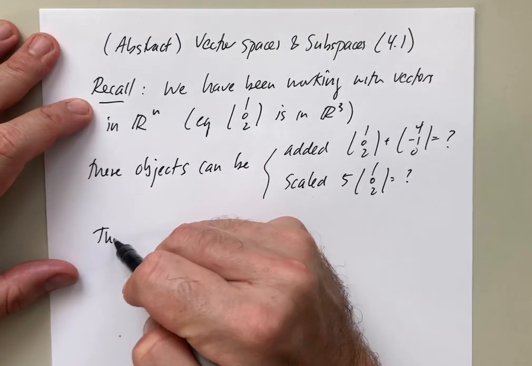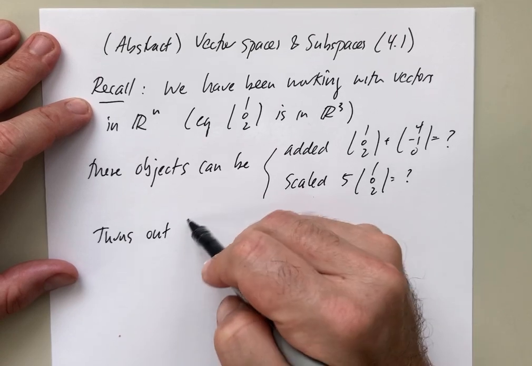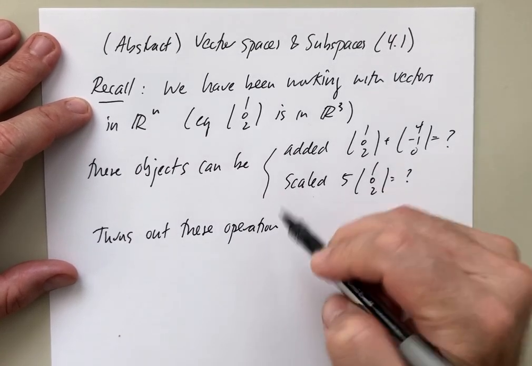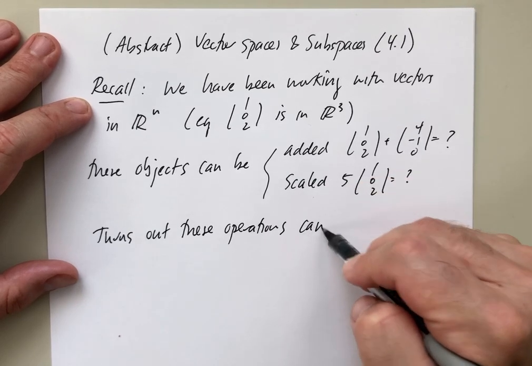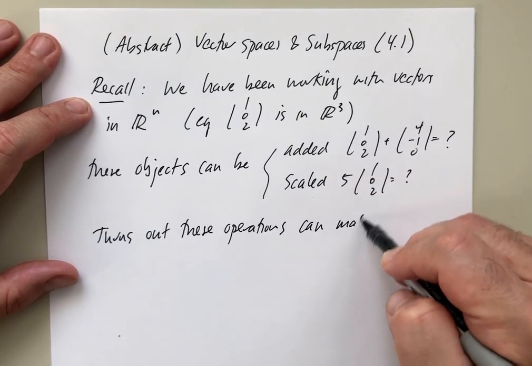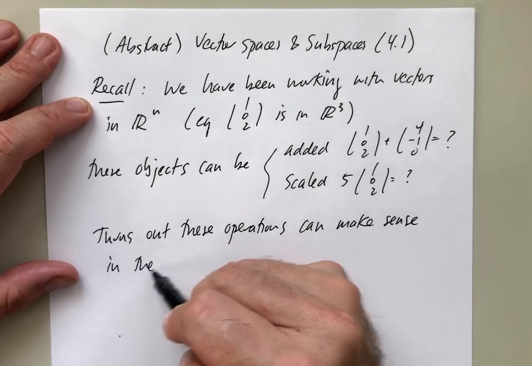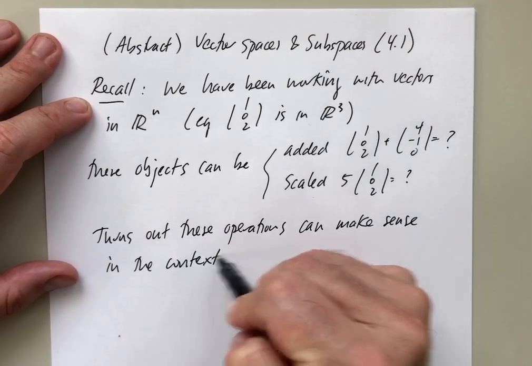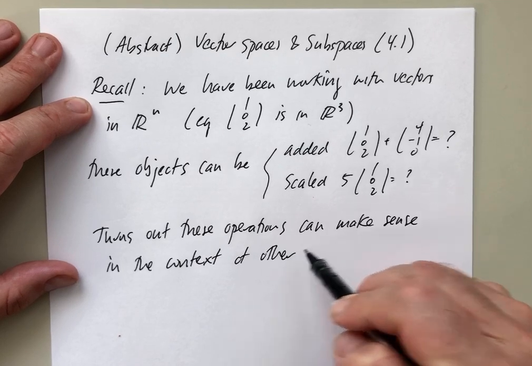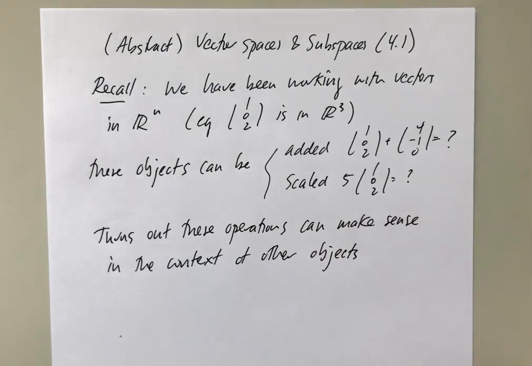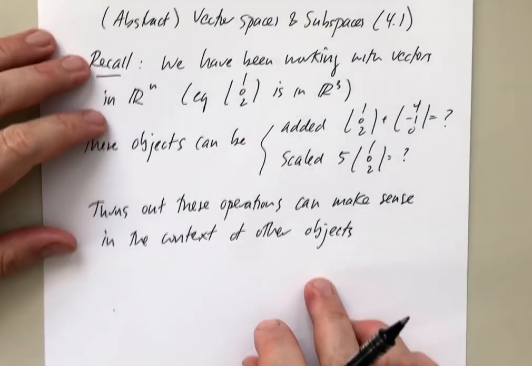So it turns out these operations of addition and scaling can make sense in the context of other objects, let's say. We'll see in a second some examples, but for now I'll be a little bit vague.